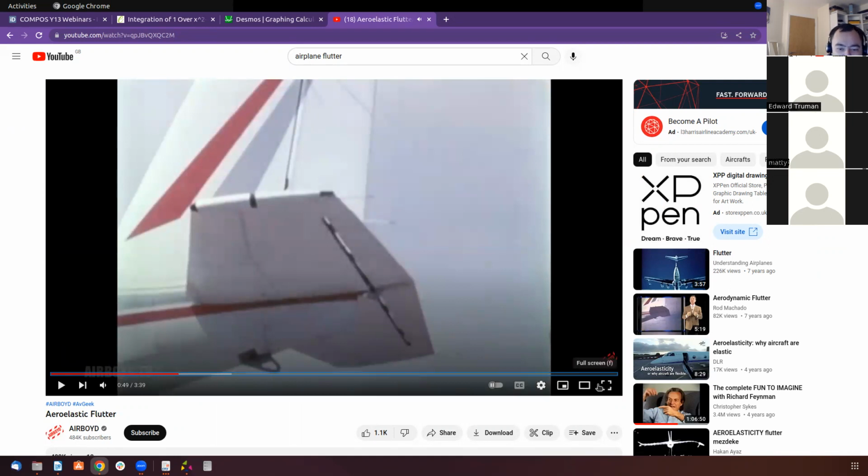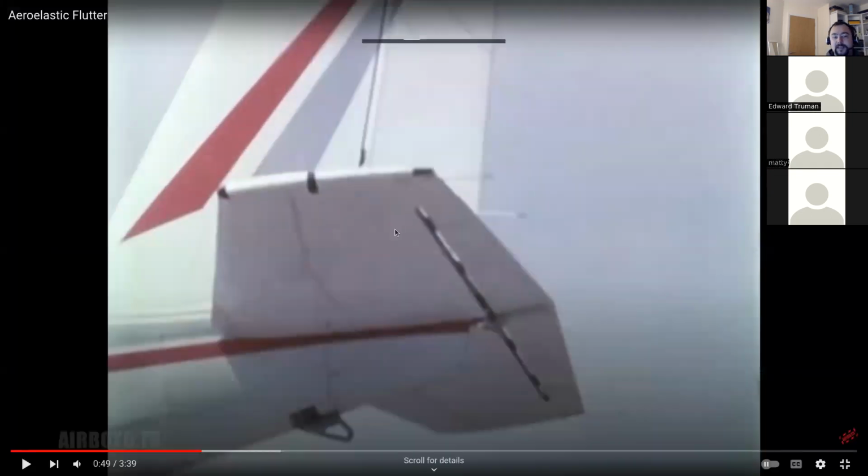Flutter is when the wing of an airplane, if you bend it and let go, will go bouncy, bouncy, bouncy.